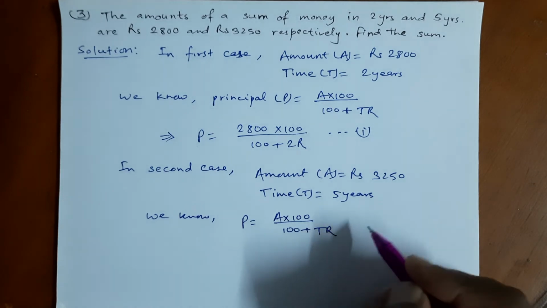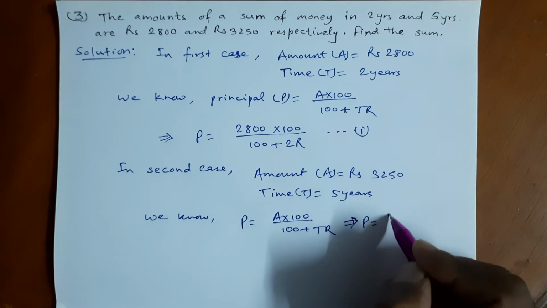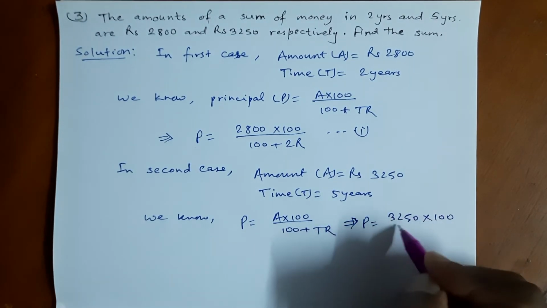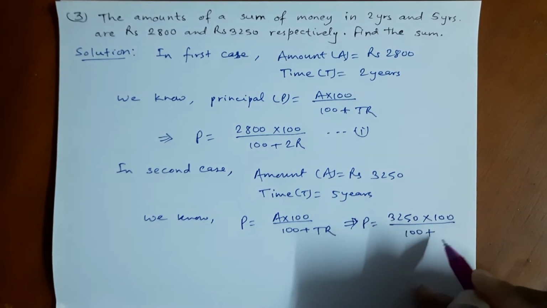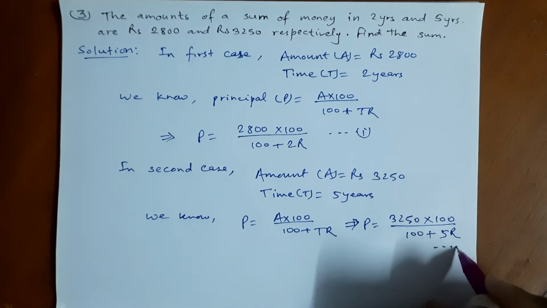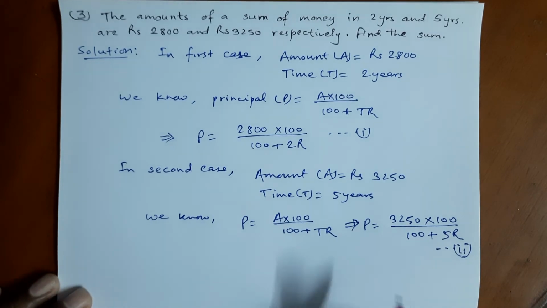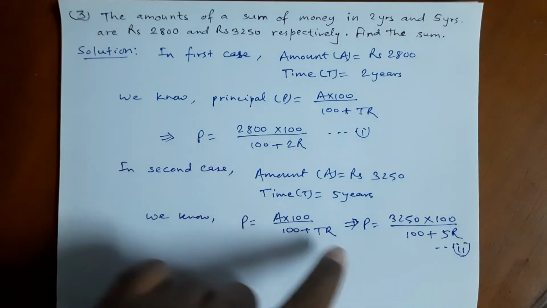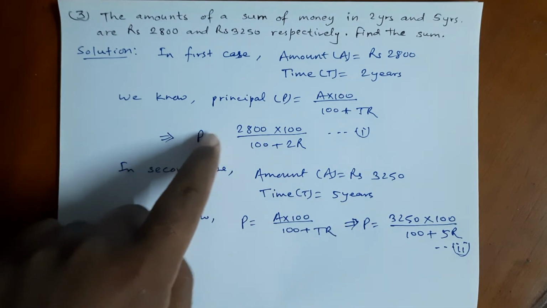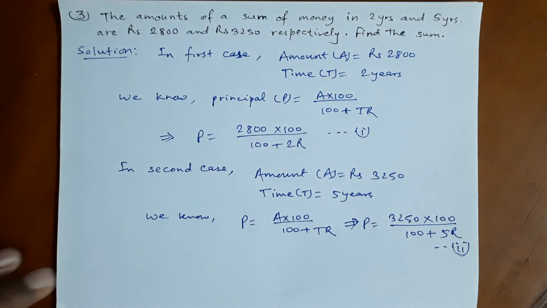Using this formula, P equals 3250 times 100 over 100 plus 5R. Say this is equation 2. Both have the same principal, only the amounts are different. So this right hand side will be equal to this right hand side, from 1 and 2.